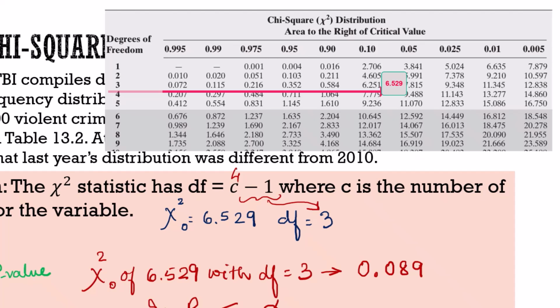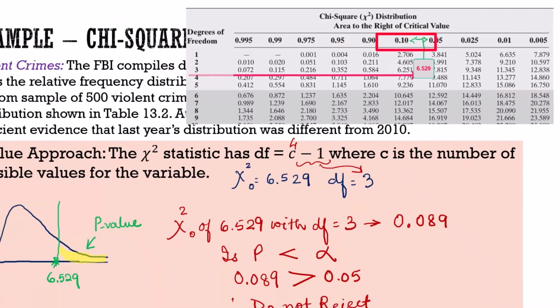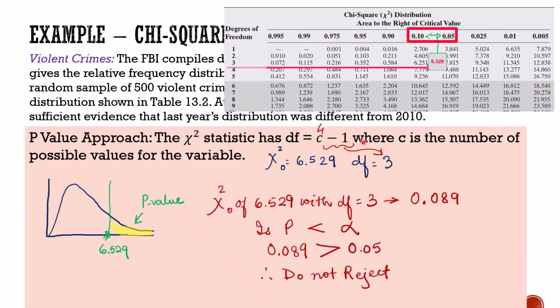So let's write that. 6.529 would fall between 6.251 and 7.815, and then we have to go up and see that it's going to be a value in between 0.10 and 0.05. In other words, it's going to be a value greater than 0.05 but less than 0.10. All right, so let's write it like this.